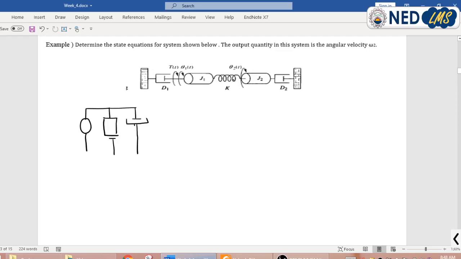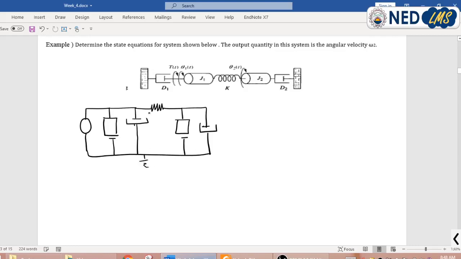And I have a spring in between the two nodes, theta 1 and theta 2. At theta 2, I have another moment of inertia and a damper. So I will connect a moment of inertia, and similarly a damper here.